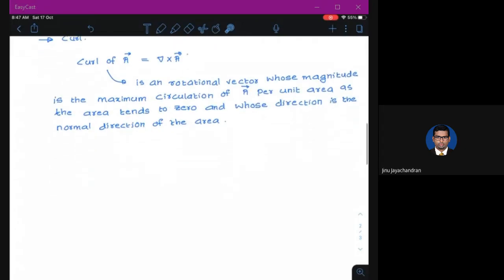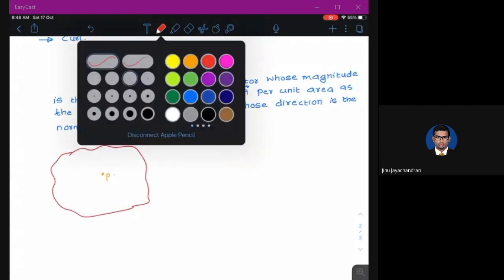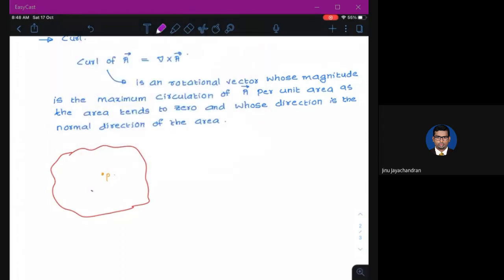Okay, so if you consider a point P, assume in some kind of a surface. So there's a surface here. Consider a point P. Now, let's say that circulating around this point P, there are some vectors, some flux, something like this.